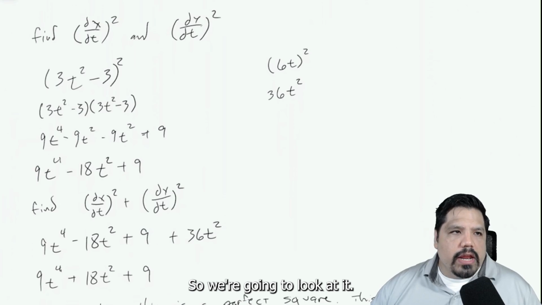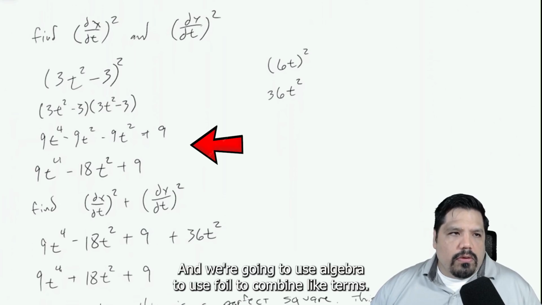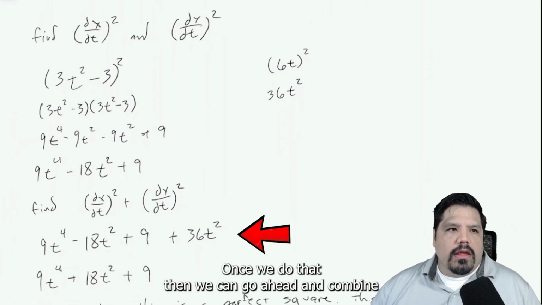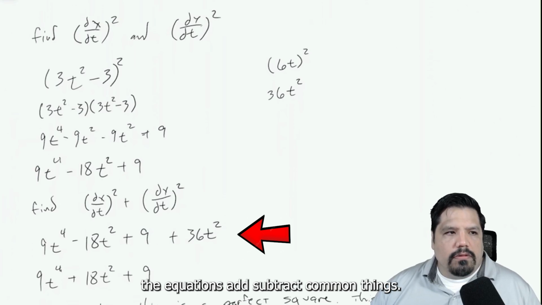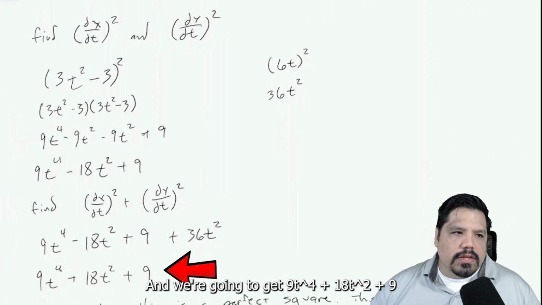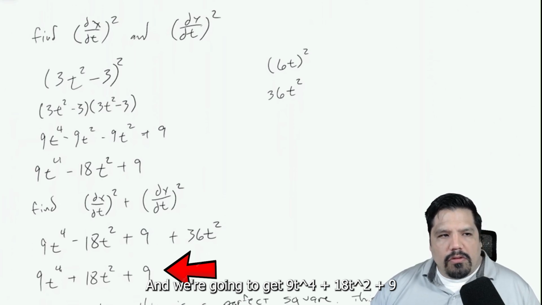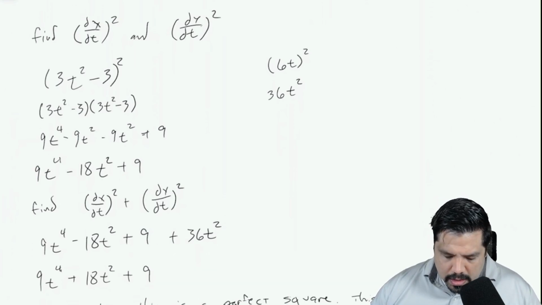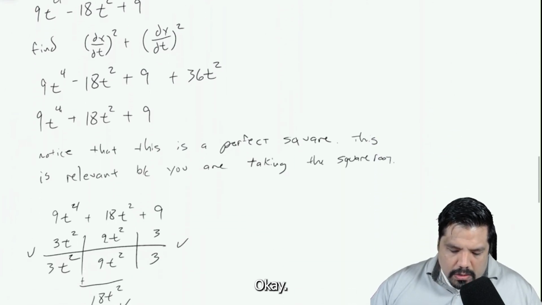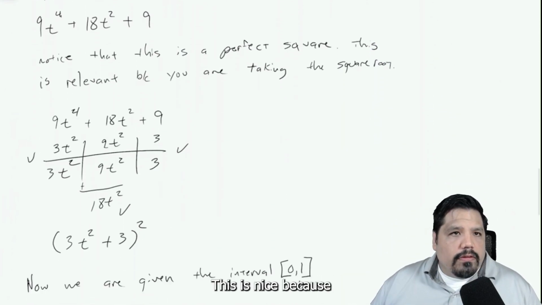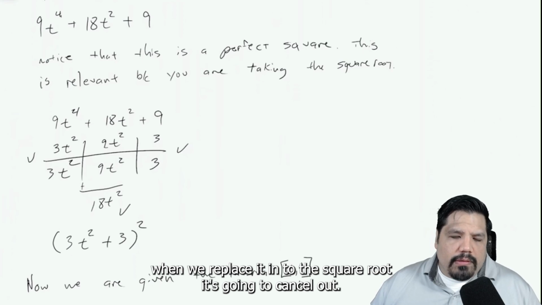We're going to use algebra, FOIL, to combine like terms. Once we do that, we can combine the equations and we're going to get 9t to the fourth plus 18t squared plus 9. Notice that we're going to have a perfect square. This is nice because when we place it into the square root, it's going to cancel out.